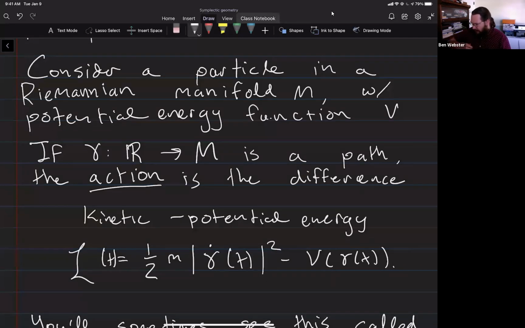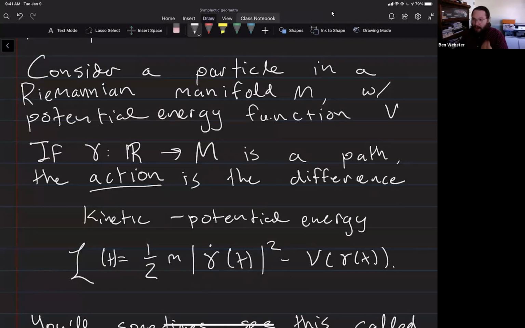And as we've discussed with the Hamiltonian, I'm going to assume I have some potential energy function on this manifold that controls how my particle runs around, subject to the fact that it also has kinetic energy.